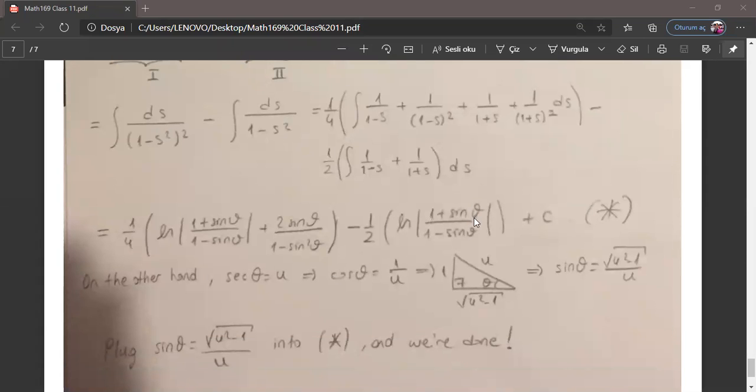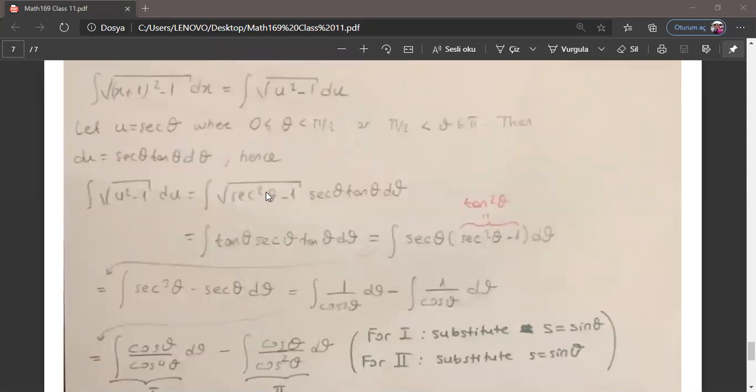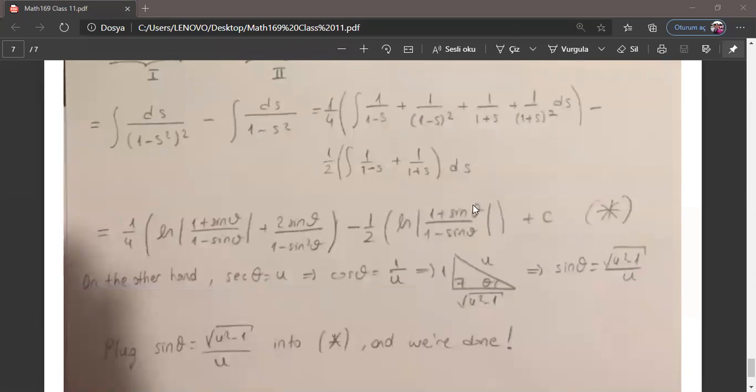Now call this equality star, the big star, okay? Now we need to obtain something in terms of x, but here we have something in terms of theta. We made this substitution before, secant theta is equal to u. Because secant theta is equal to 1 over cosine, we have cosine theta equal to 1 over u.